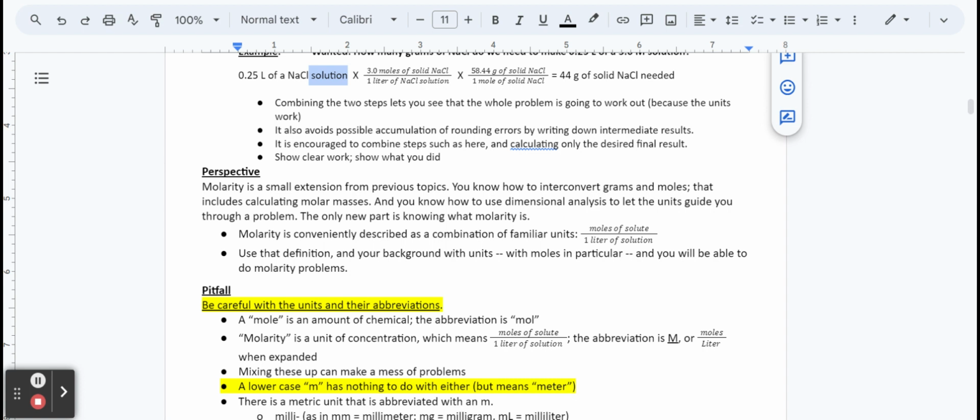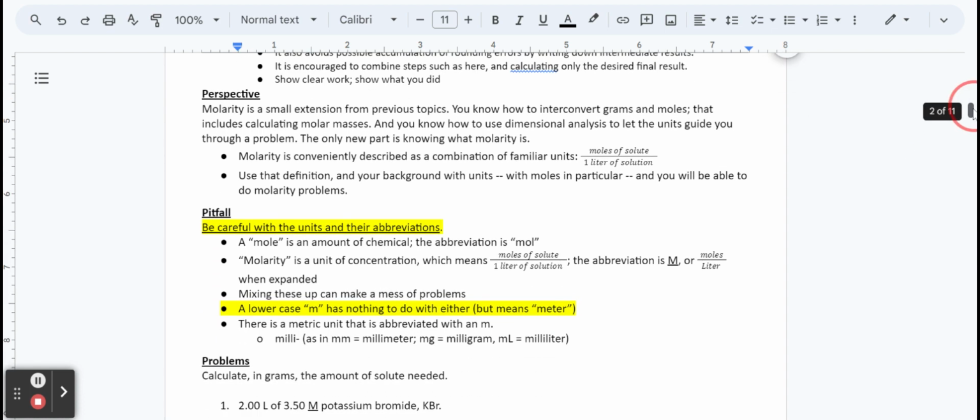We know, and we used the term moles already, moles of solute over liter of solution. So you're going to use that definition and your background with units and moles in particular, and you'll be able to complete the molarity problems.